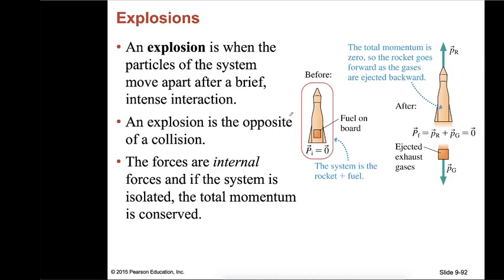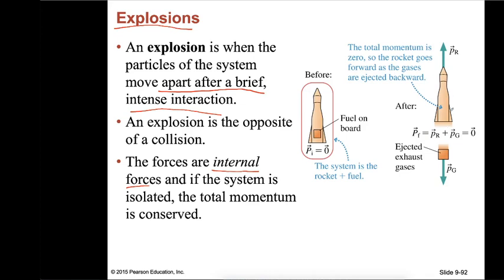Now let's see another concept, explosion. An explosion is when the particles of the system move apart after a brief, intense interaction. An explosion is the opposite of a collision. The forces are internal forces, and if the system is isolated, the total momentum is conserved too. For example, this is a rocket. When the rocket is pushing the fuel on board down, then the rocket will be pushed up.